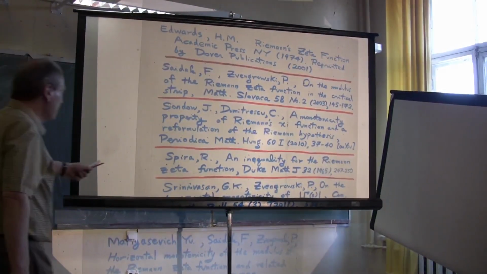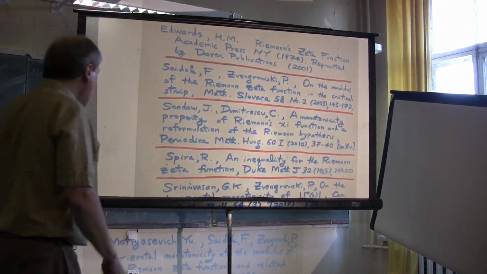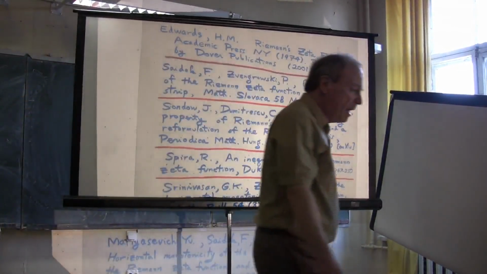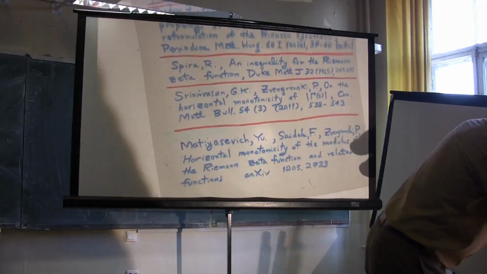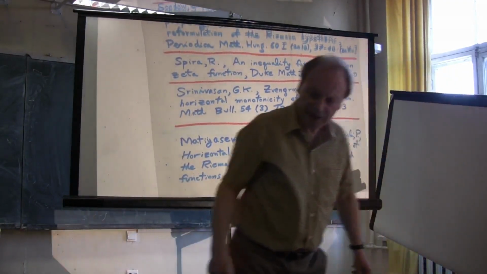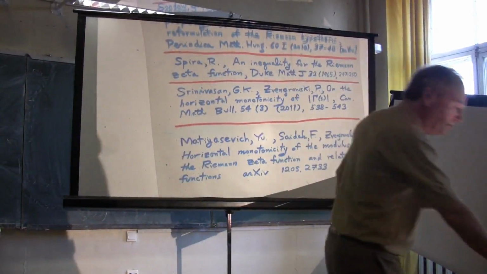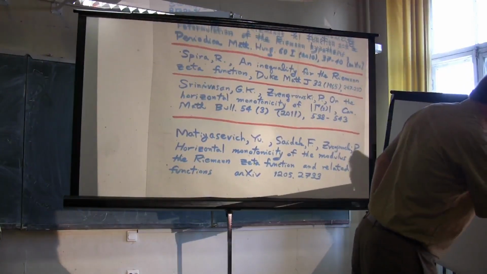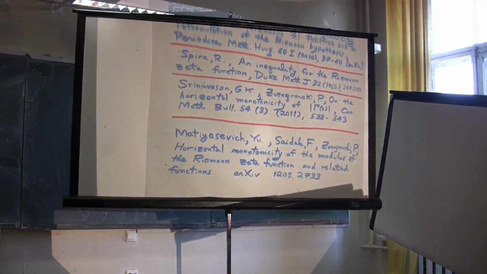There's the older paper by Spear that I mentioned. There's a paper for the gamma function with my colleague from Mumbai, Gopala Srinivasan. And we showed the monotonicity for the gamma function, a theorem about monotonicity, which I will show you soon.